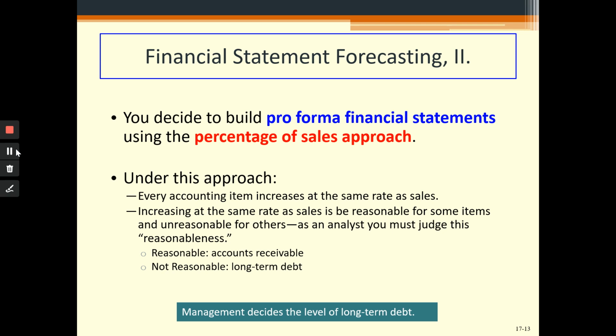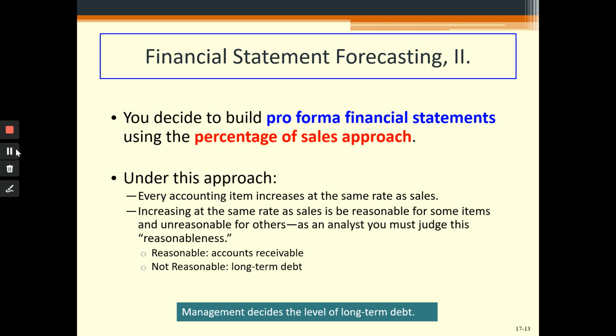For example, if the inventory in the last year is say 10% of the total sales, then in the next year it will also remain 10% of the total sales. So we attach it to the sales, and when the sales are increasing by 25%, many items will also increase by the same 25%. But this is a very big assumption.